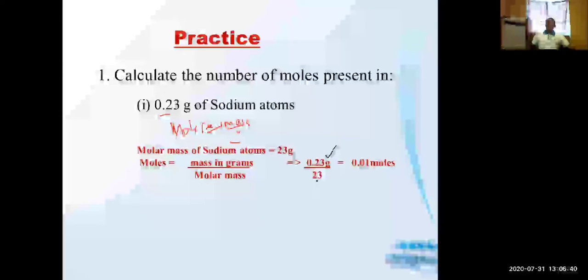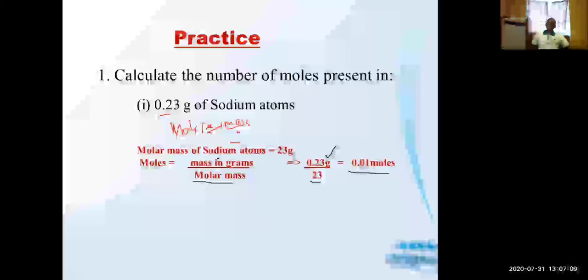The relative atomic mass of sodium is 23, which is equivalent to the molar mass of sodium. So when you divide 0.23 grams by 23, you get 0.01 moles. That is the number of moles in 0.23 grams of sodium atoms.